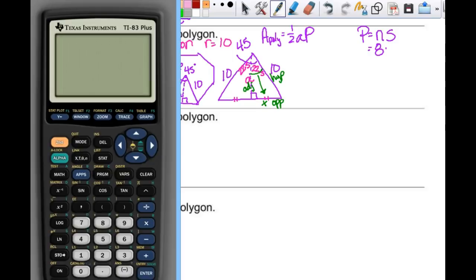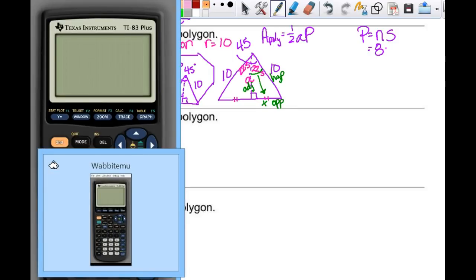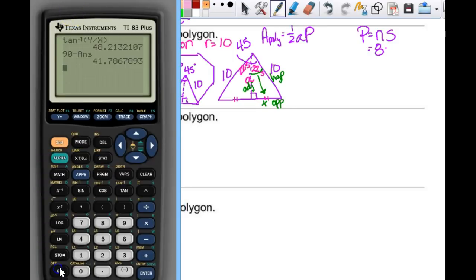So then in your calculator, you want to check that you're in degree mode. 10 times the sine of 22.5. So that's equal to x. But x is not actually what I'm substituting in. Because remember, this is why we redraw the whole triangle. What I need is s, or the side length, so I need to double that. I'm going to multiply that by 2.